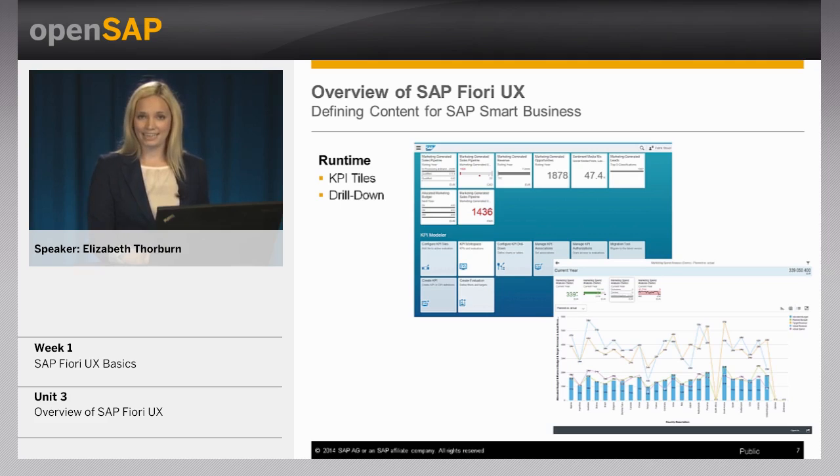SAP provides end-to-end insight to action scenarios based on real-time KPIs for business users in lines of business and industries. Customers can either use the predefined content or they can define their own KPIs and drill down visualizations. Every value scenario comes with predefined KPI tiles and drill down configurations. SAP provides 4 standard KPI visualizations. Based on threshold calculations, the end user gets alerted as soon as a KPI value becomes critical.